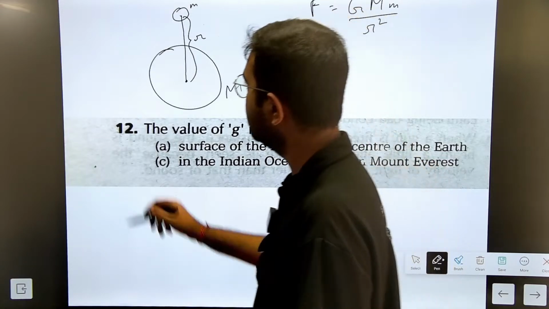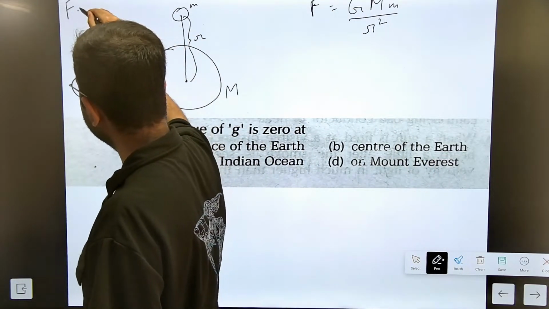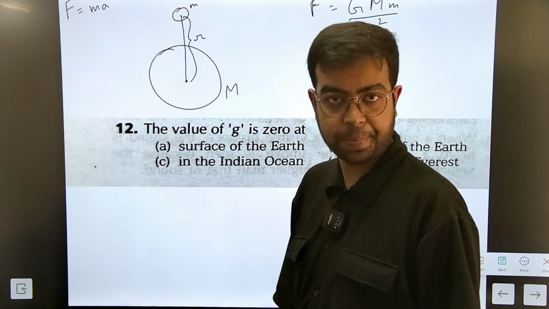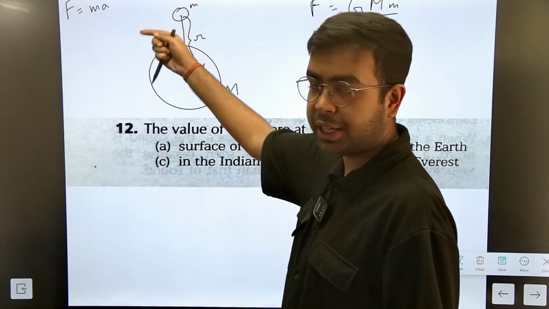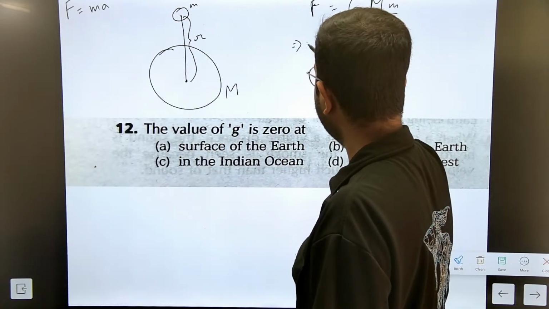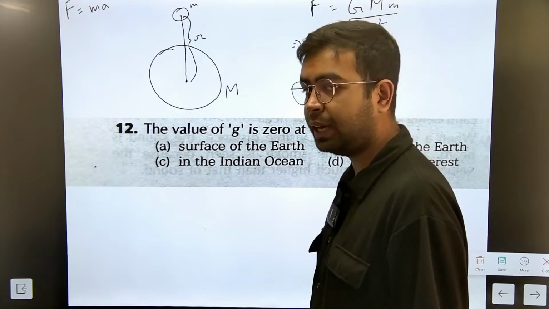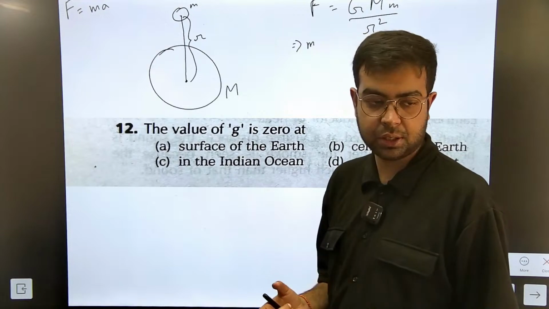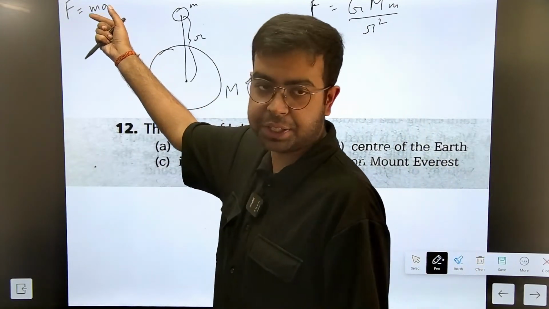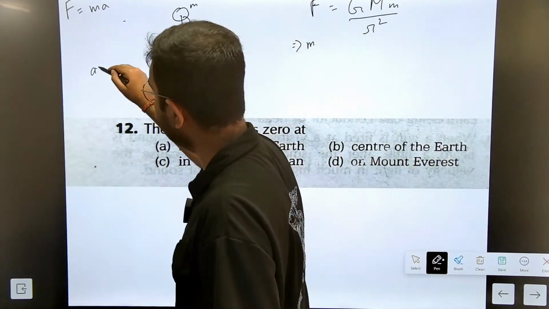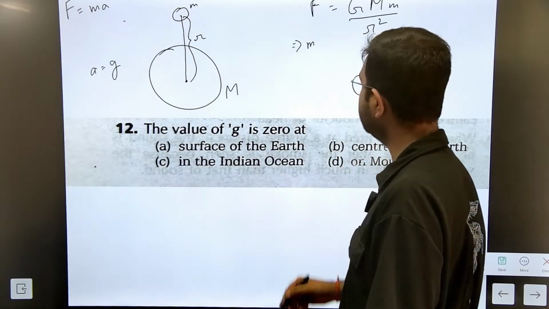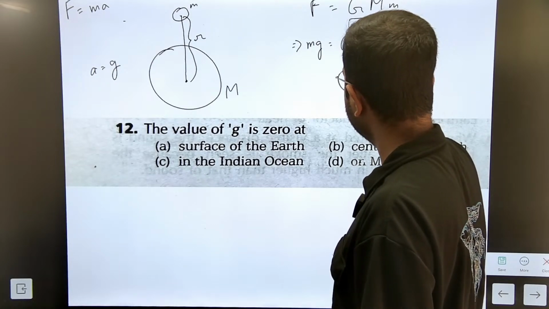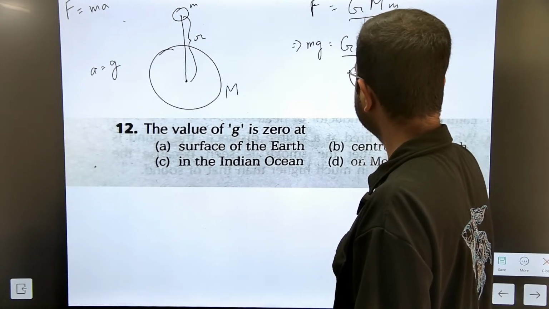Okay. Now we know from Newton's second law that F equal to ma, mass into acceleration. So the force on this particular object can be written as m times the acceleration. In this case, the acceleration due to gravity of the Earth is written as small g, so a will be equal to small g. Because of this, we can write that F equal to mg is equal to GMm by r square.